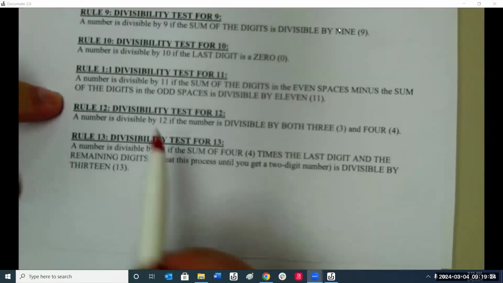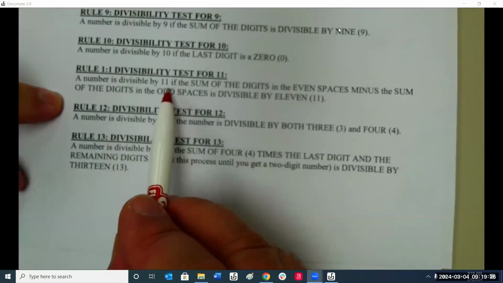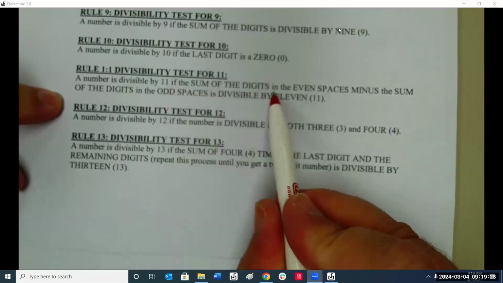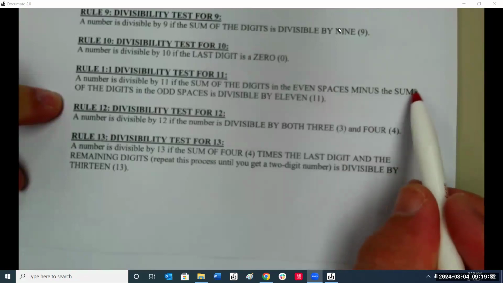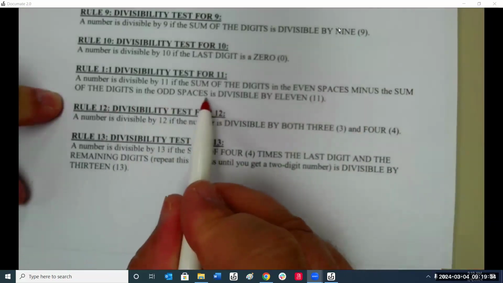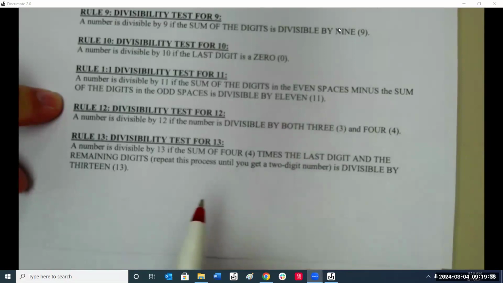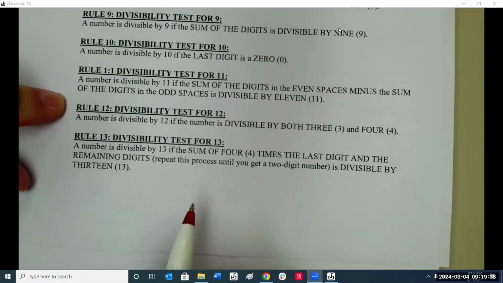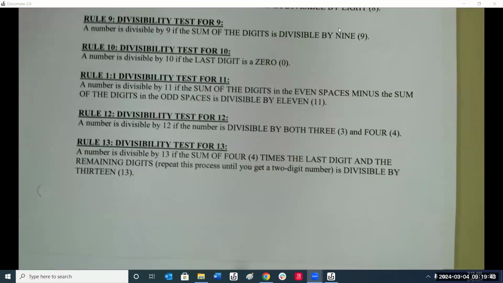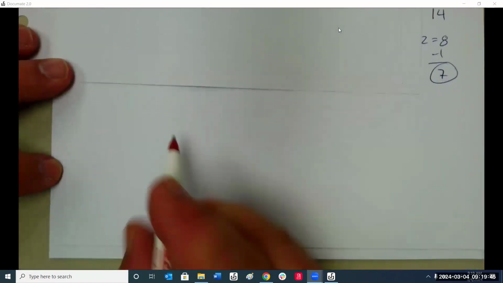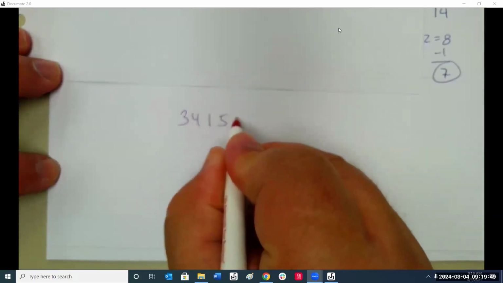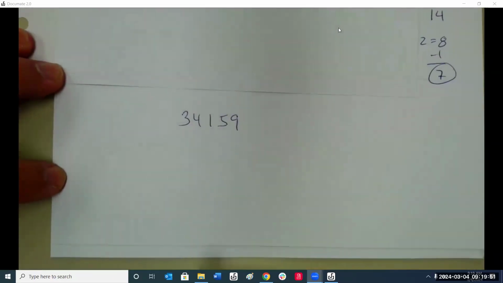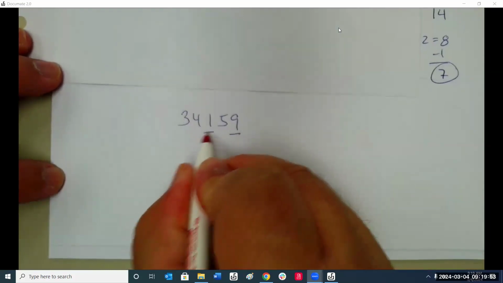11, another difficult one. The number is divisible by 11 if the sum of the digits in the even spaces minus the sum of the digits in the odd spaces is divisible by 11. This isn't 1, 2, 3.